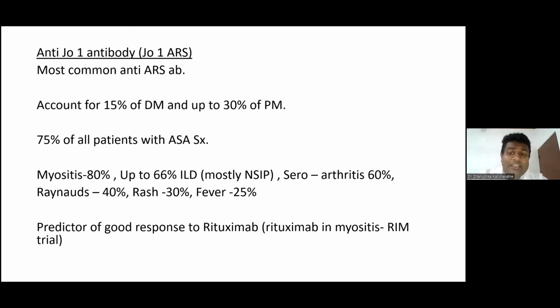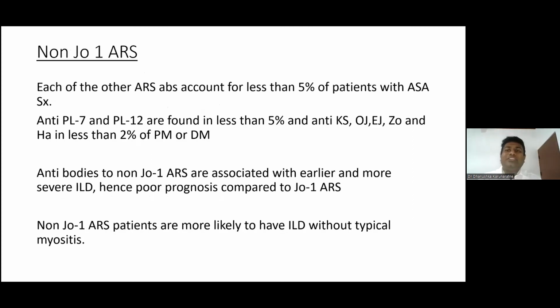As well as the RIM trial, or the rituximab in myositis trial, suggests that presence of a Jo-1 antibody indicates good response to rituximab as well as steroid. So if you have Jo-1, which is the commonest anti-synthetase antibody, it's a predictor of good outcome and good response to treatment.